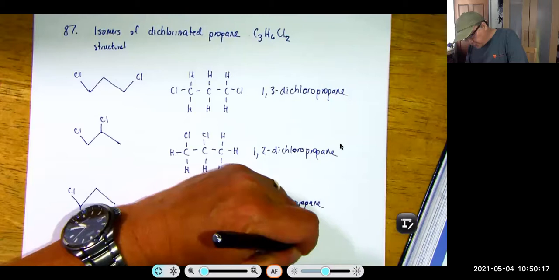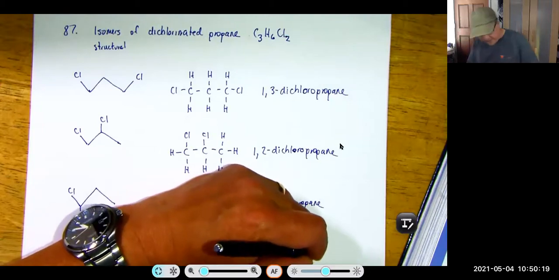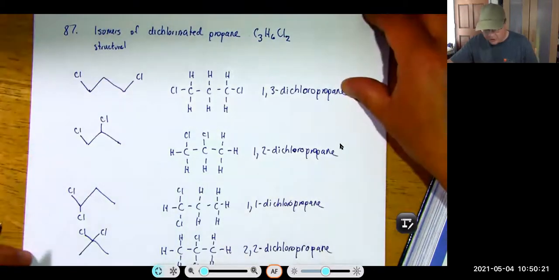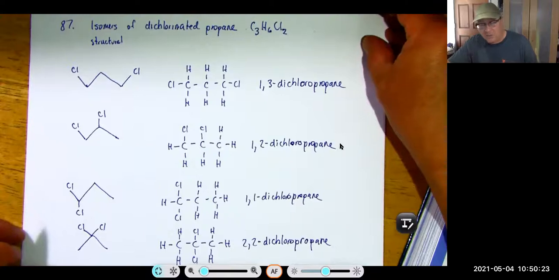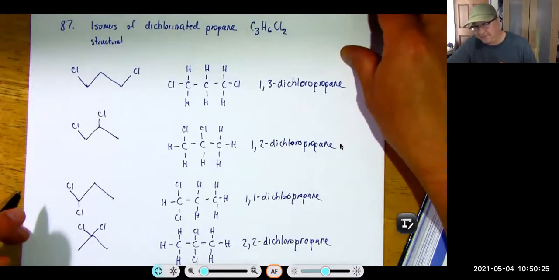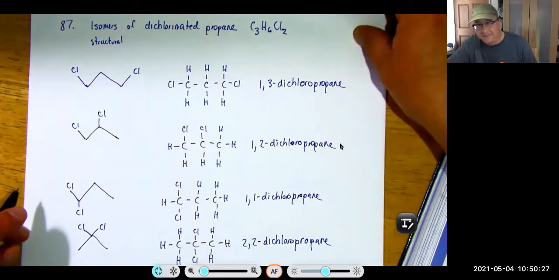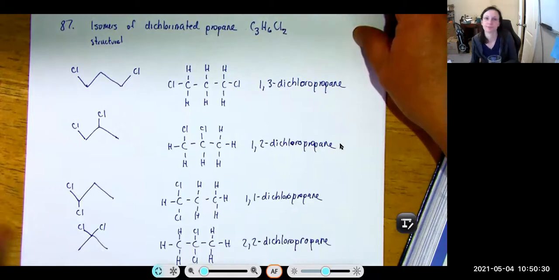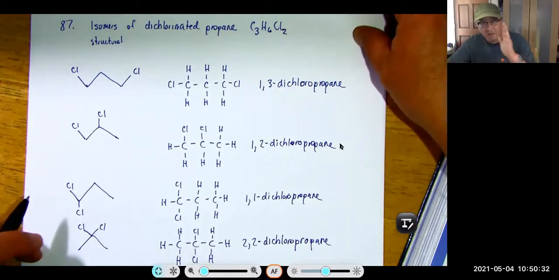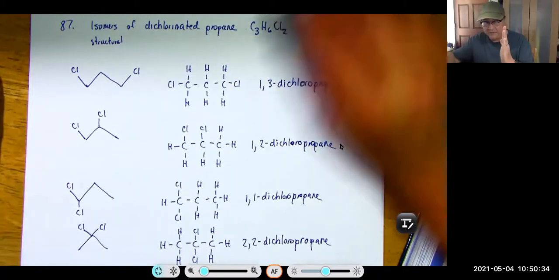So my usual way of doing these when I have 2 to put on, I usually try to put them both on carbon 1. That way I don't miss any of the 1,1s. And then I keep one on carbon 1 and move the other one over.